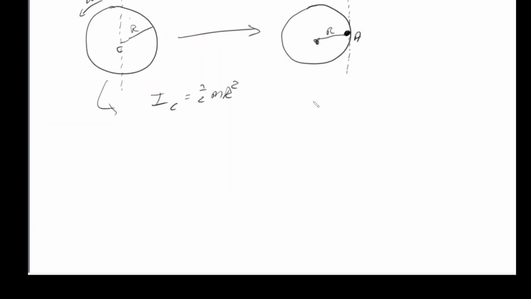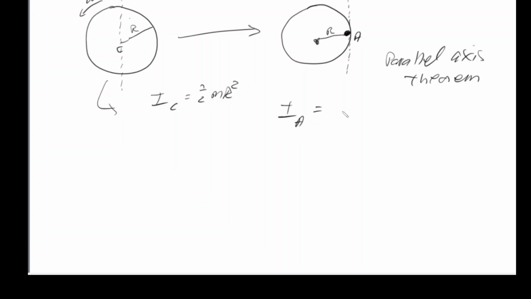The moment of inertia going through point A is equal to, and now we're going to use the parallel axis theorem, because we know what the moment of inertia is through the center of mass, and we're a distance r from that center of mass, so we can use the parallel axis theorem.